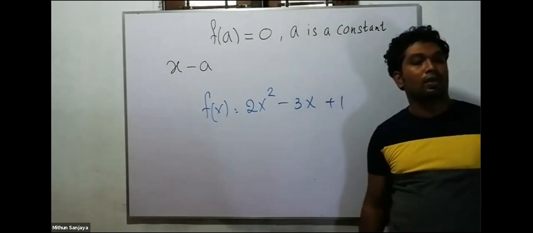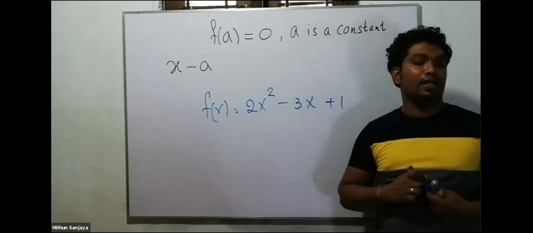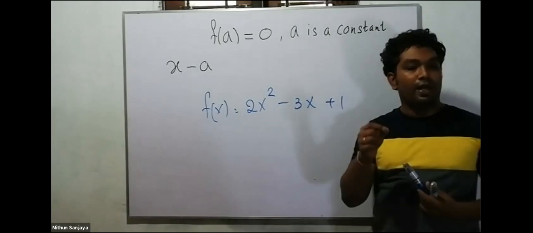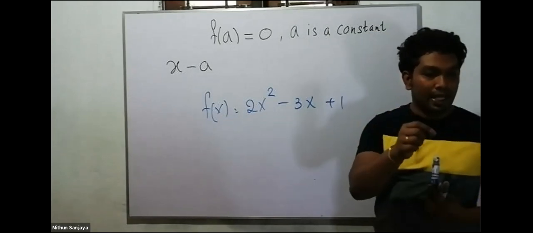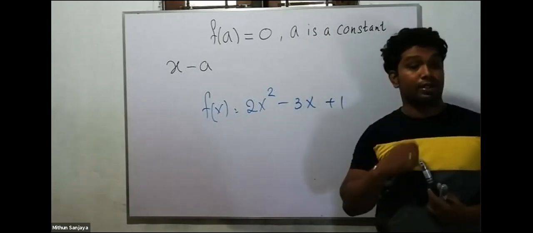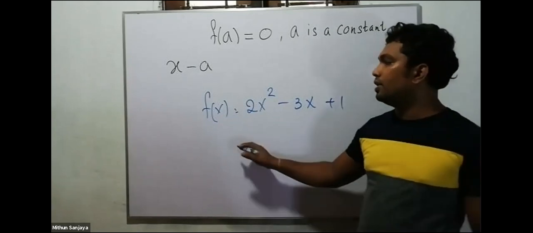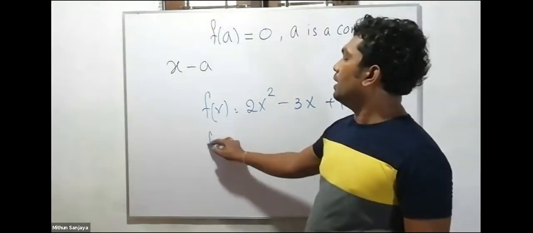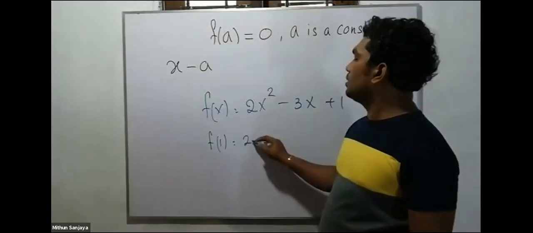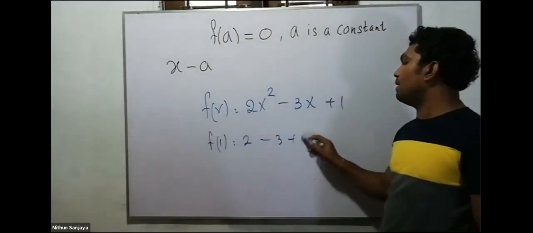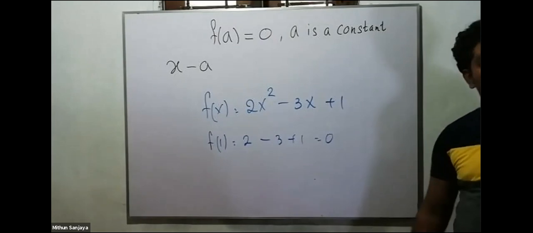Like that, 2x squared minus 3x plus 1. Here we identify a, which is a constant. Then you substitute the value, f(1): 2 minus 3 plus 1 is equal to 0.